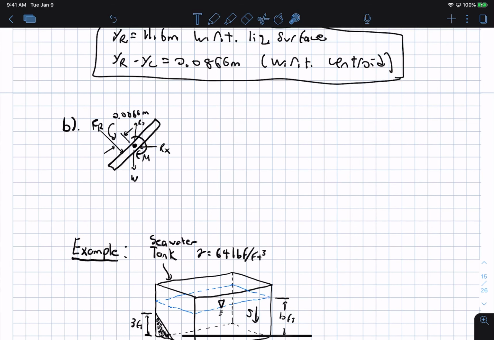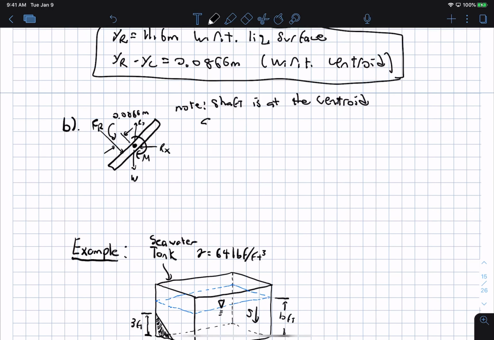So if we want to find the minimum moment it's going to take to open the gate, we just apply static equilibrium and sum the moments about the centroid. Okay. So again, note that the shaft is at the centroid.